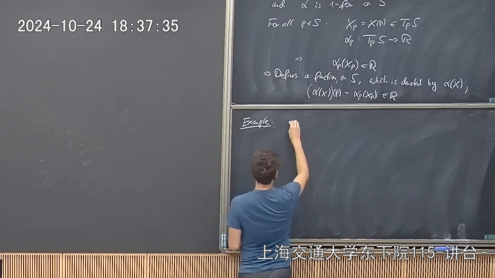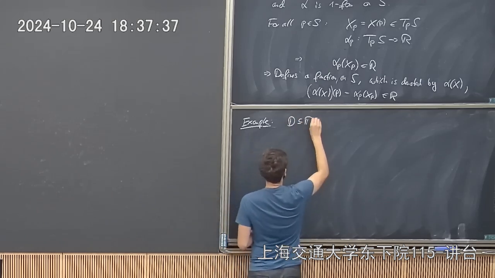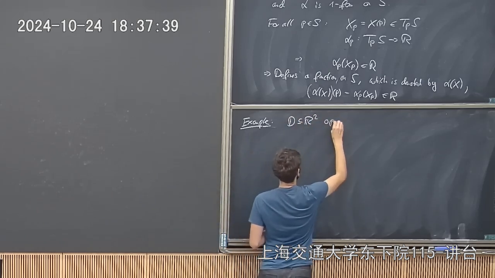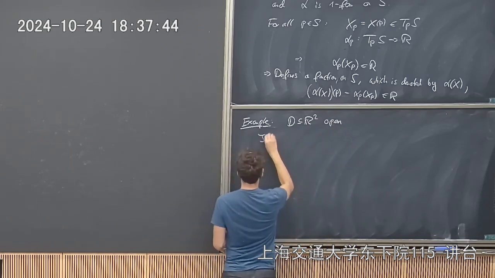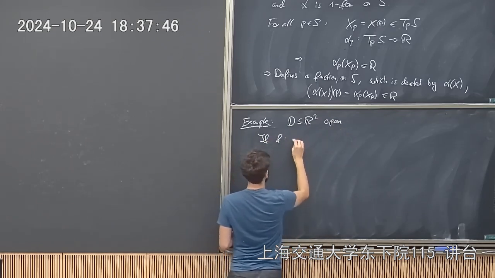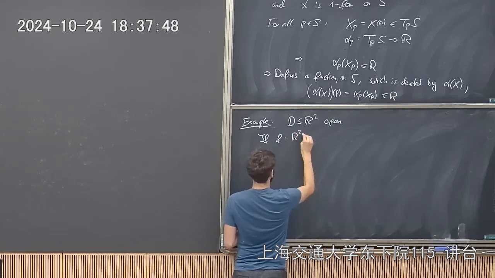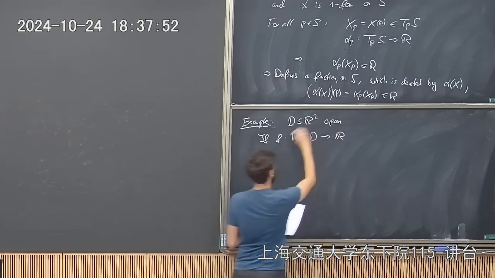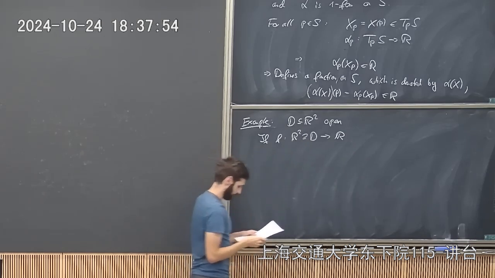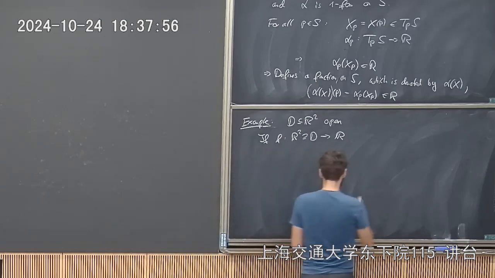Example: we look at an open subset, and we want the function to be defined there. We consider again the open subset as a trivial surface.